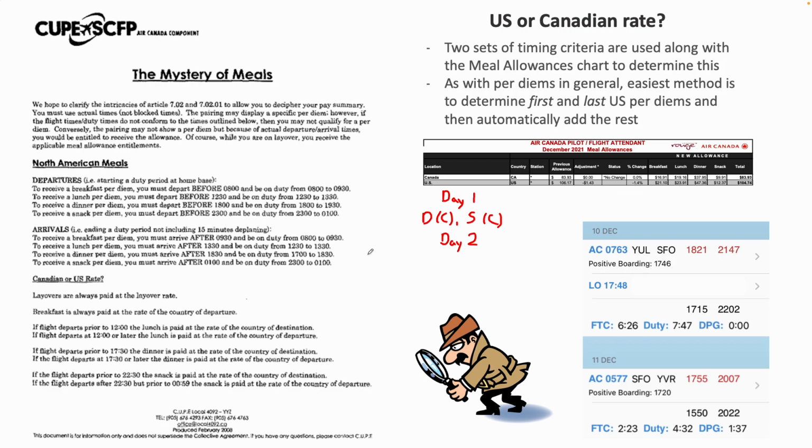Now on day 2, we're in Montreal to start the day. We know that we're entitled to a breakfast. And in the Canadian or US rate section, we have the statement that layovers are always paid at layover rate, and that breakfast is always paid at the rate of country of departure. So breakfast, in this case, is definitely going to be Canadian.